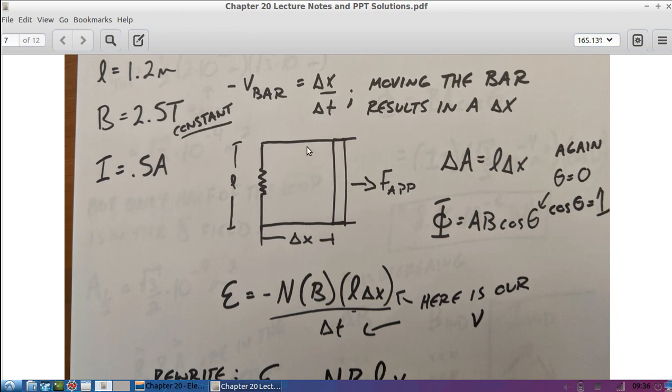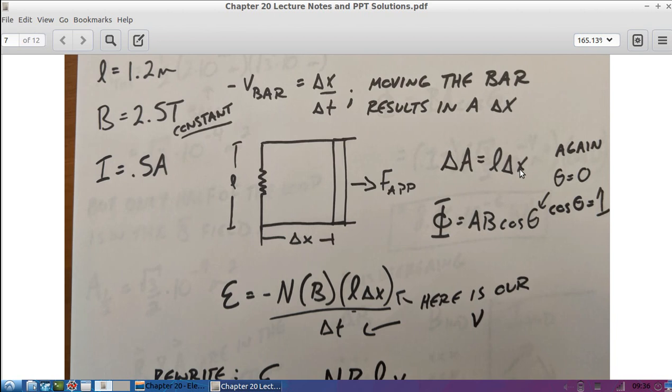So the change in the area of this loop is going to be the length, this vertical dimension right here, times how the horizontal dimension is changing. So my change in area is just the length times delta x. I don't have to know those dimensions, I just have to know how that horizontal distance is changing.